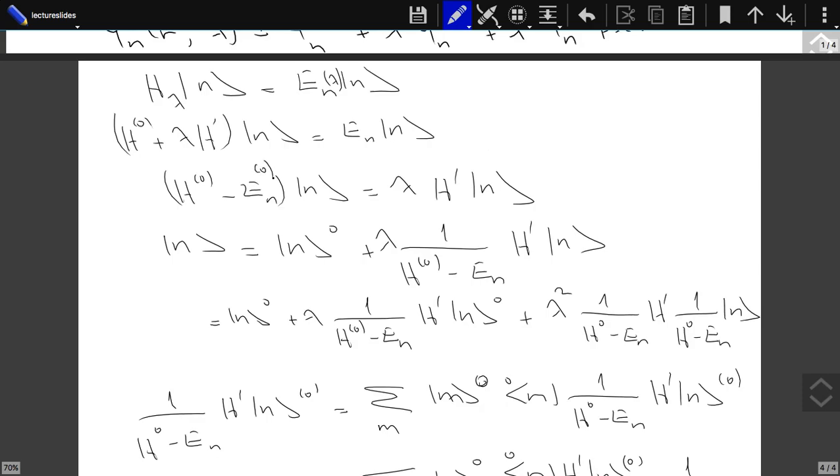But of course, on the other side, I also have delta E. Delta E_n is also of the order of λ, the first correction. So you can just keep track of those corrections.